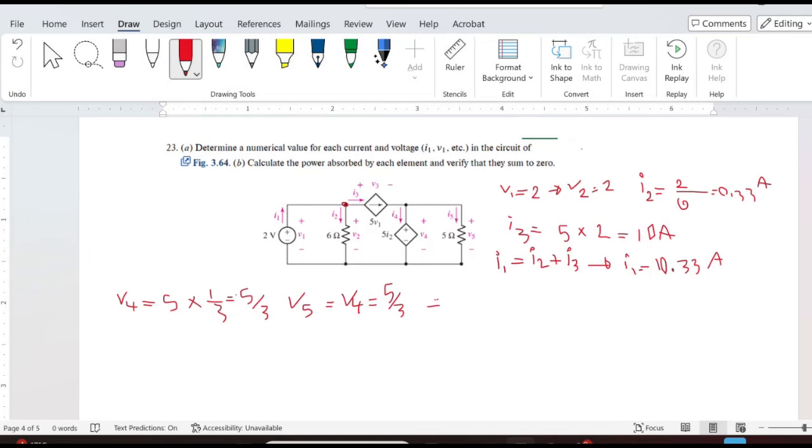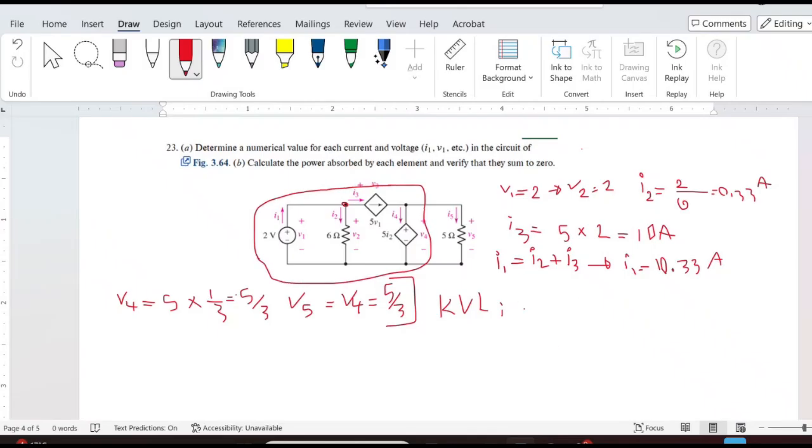So if I write down a KVL, I start from the source and I'm going in a clockwise direction, and this would be my loop.